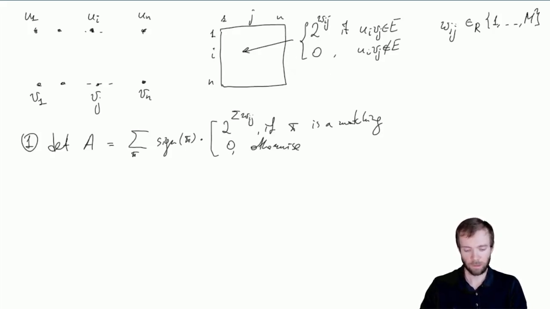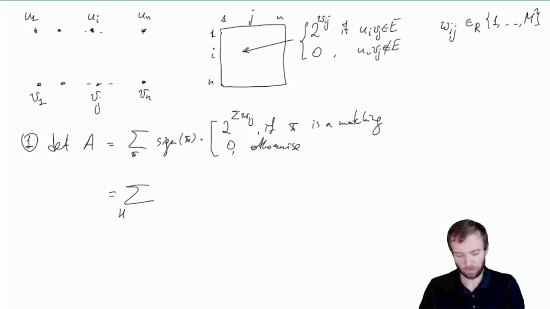But now we see that here at the power of 2 we have just the weight of the matching as the sum of the weights of the edges. So we see then that our determinant is just the sum over all matchings H of our graph, which is a matching in G, and here we have plus or minus 2 to the power of the weight of this matching.